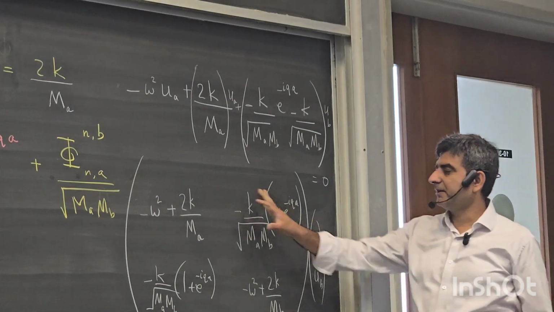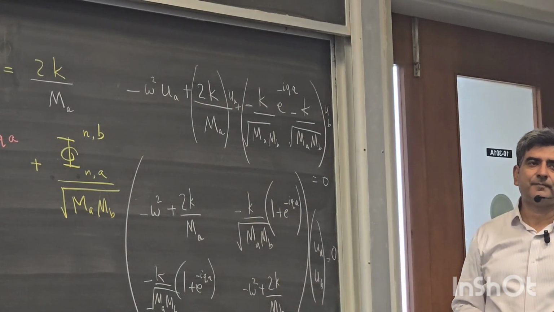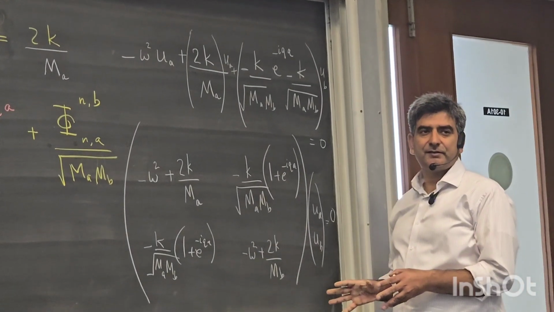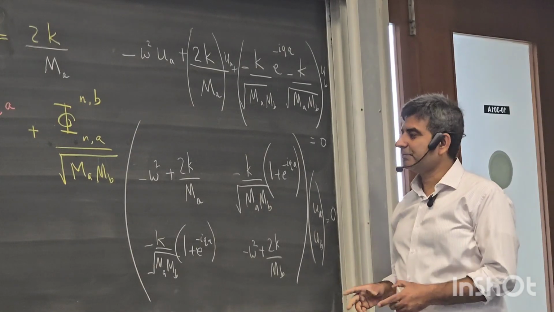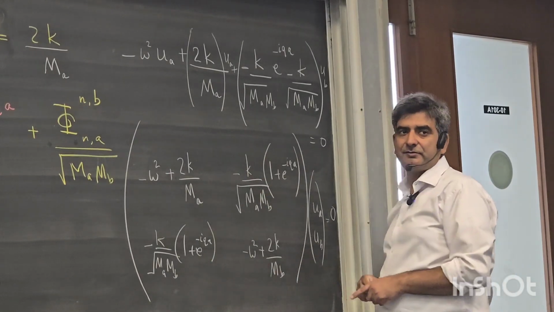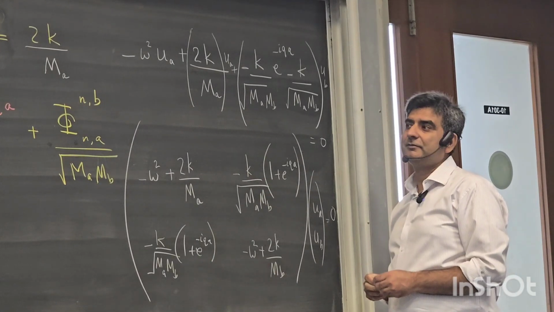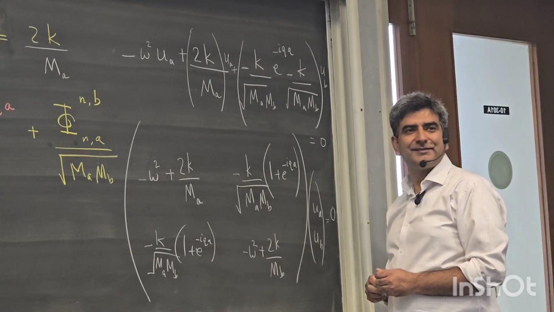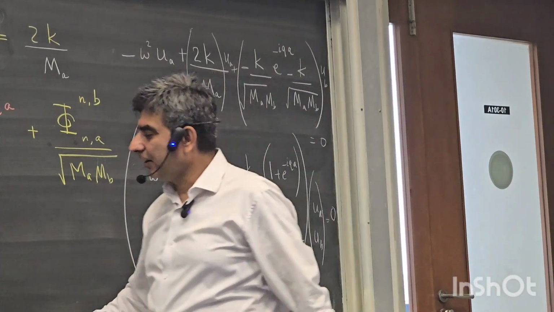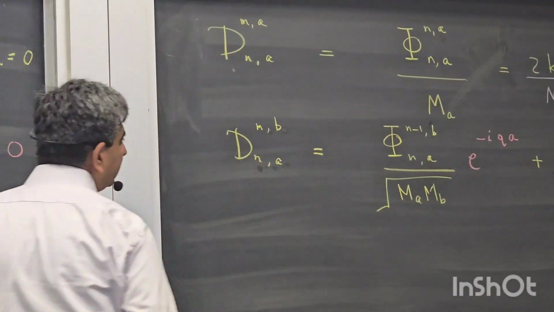So this is my dynamical matrix over here. Now in order to solve this, solutions will exist when the determinant of this thing is 0. Correct? So I can now find out this determinant.